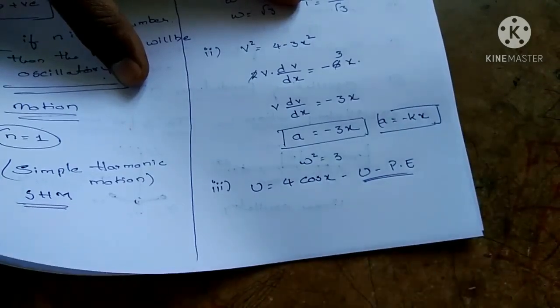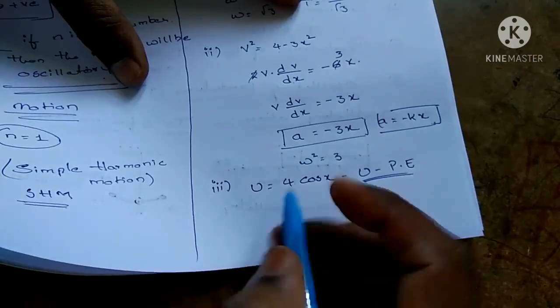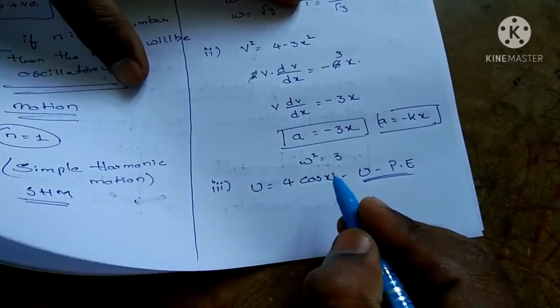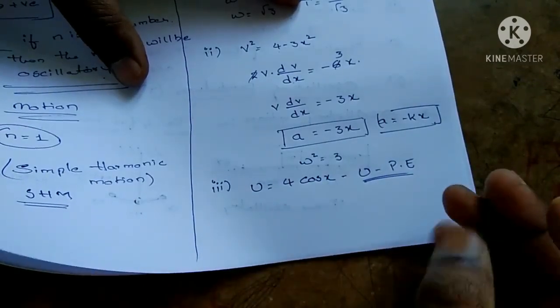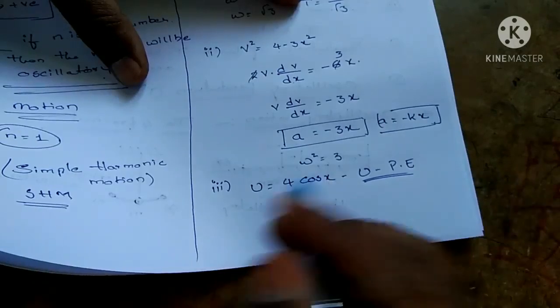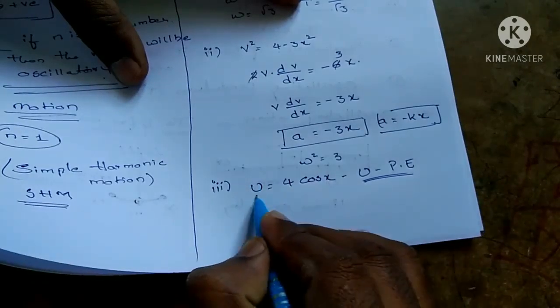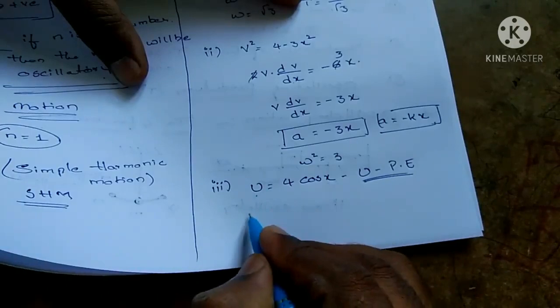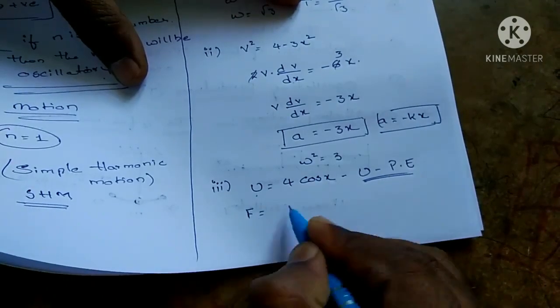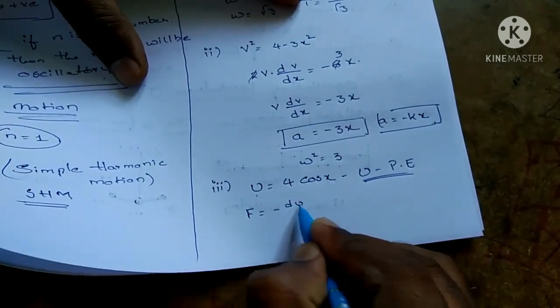To prove whether the given equation is SHM or not, we need to compare this equation with our original form, that is a is equal to minus kx. Here U is given as potential energy, so the force can be obtained from minus du by dx.